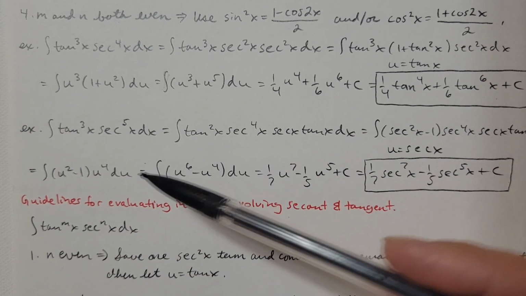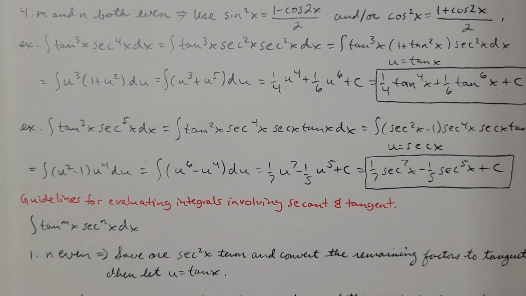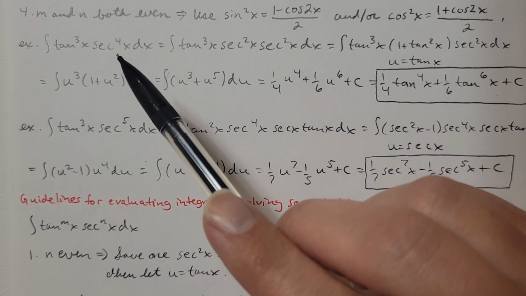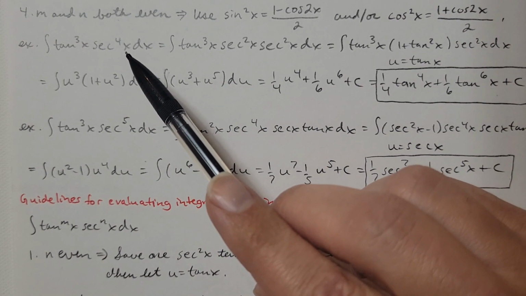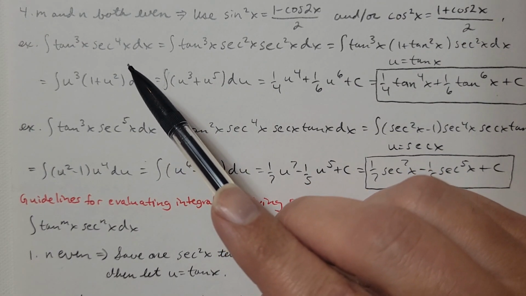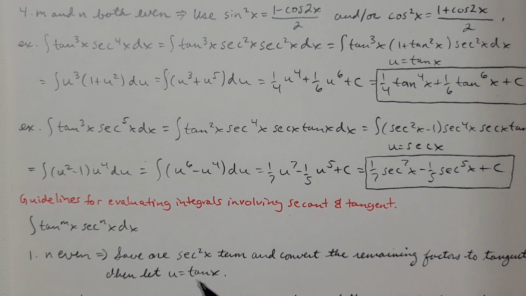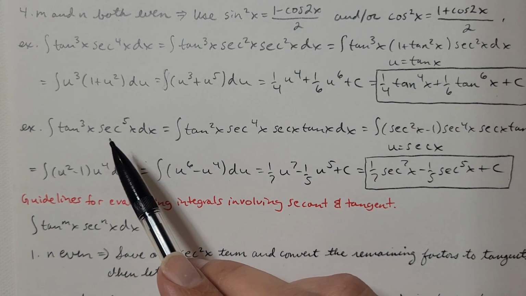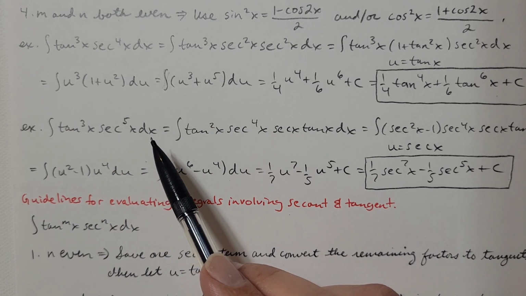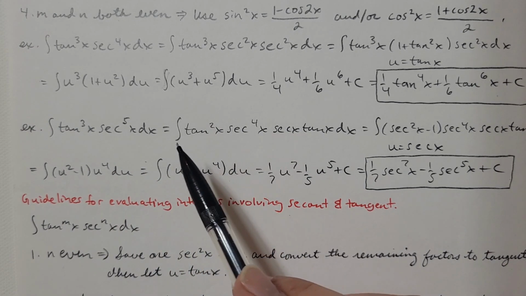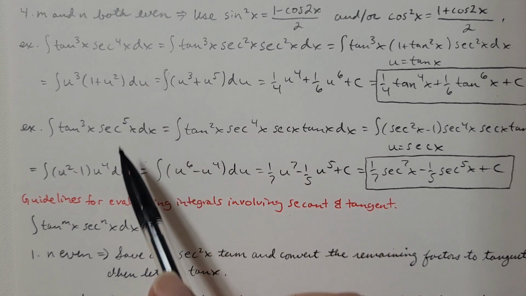But just another example would be, okay, what if I increase the power of the secant x term to a power of 5 instead of a power of 4? So I'm integrating tangent cubed x times secant to the fifth of x. Well, now I wouldn't want to handle this the same way, right?